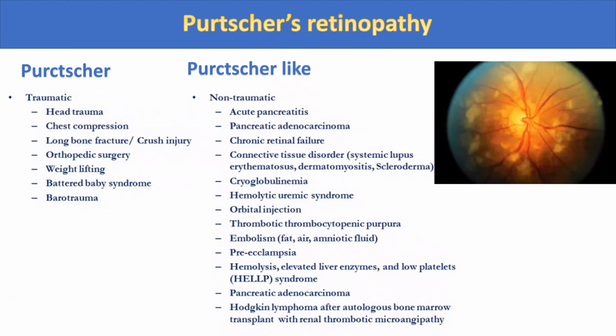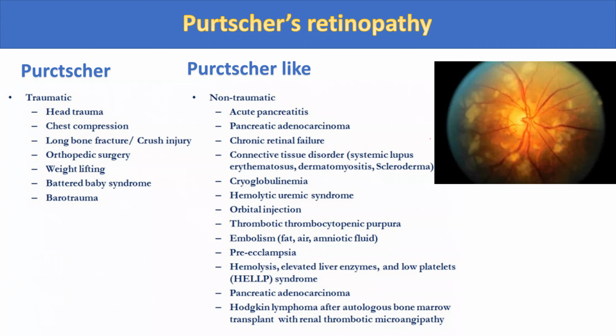Finally, another retinopathy that can occur in the retina is called Purtscher retinopathy. What is meant by Purtscher retinopathy? Purtscher is a scientist who discovered this disease. He discovered it maybe 100 years ago in a patient who had a tree fall on him, resulting in head trauma.